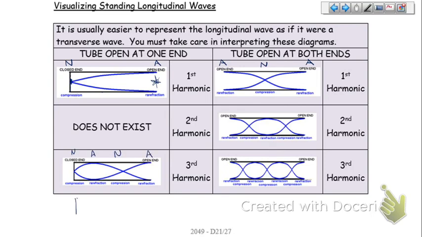And the third allowed pattern would go like that and come like that, and then go like that, and so on. There's your first pattern, there's your second pattern, and there's your third pattern. But the math is different.